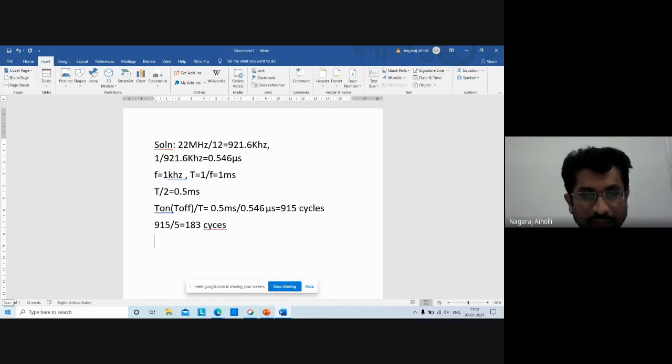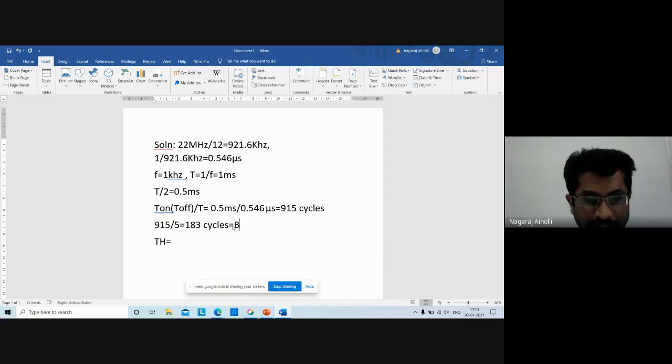We are using mode 2 here for writing the program. For mode 2, we know that it is an 8-bit auto reload timer. The starting value that we have to load into the TH register is given by FF minus this 183. 183 is equal to B7 in hex.